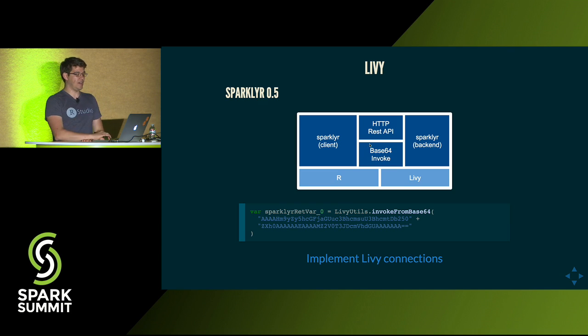It gets authenticated if you've set up authentication on Livy, gets passed through to the backend, and then the backend executes it in binary format. It gets encoded back to base 64, and then we read it. I feel like this was an interesting, good design that provides you support regardless of the medium that we're using to get connected.